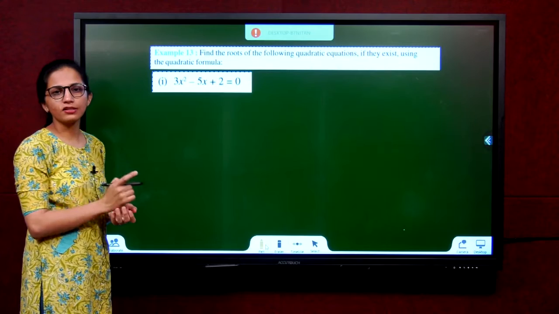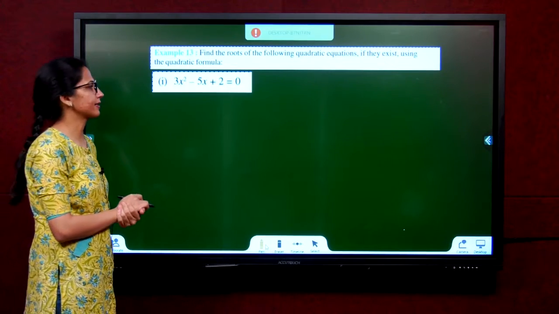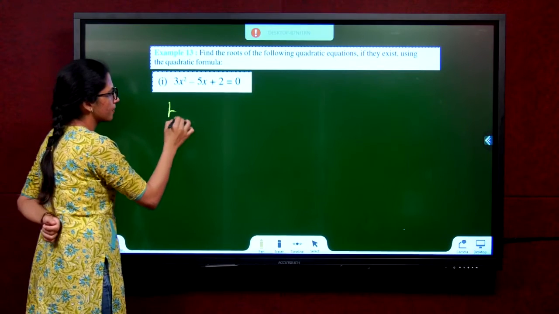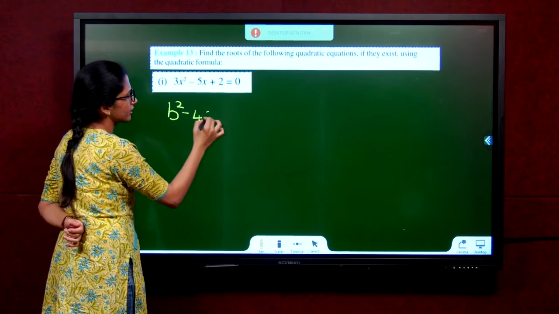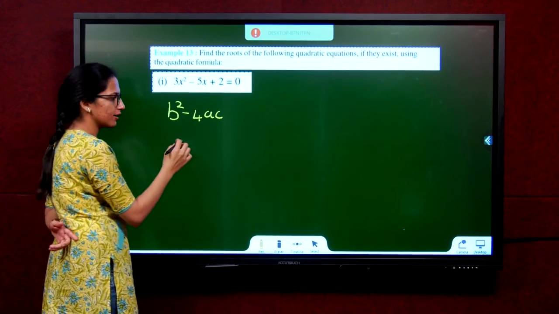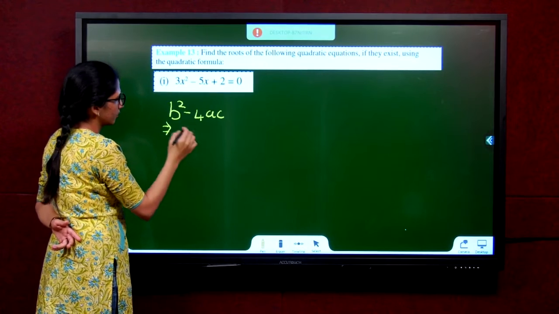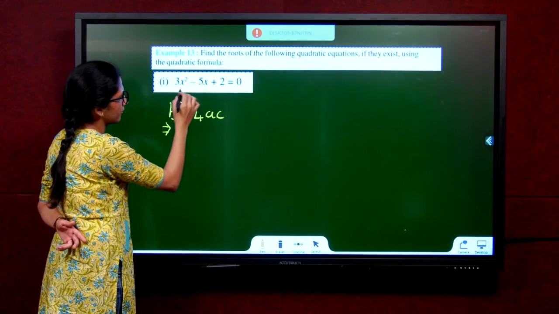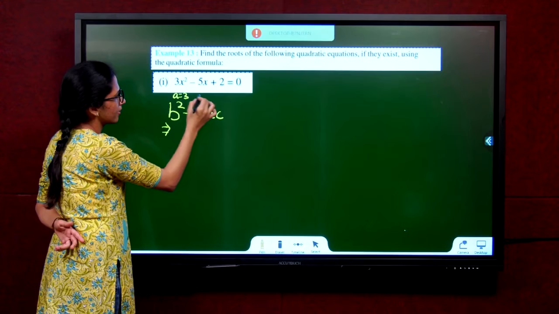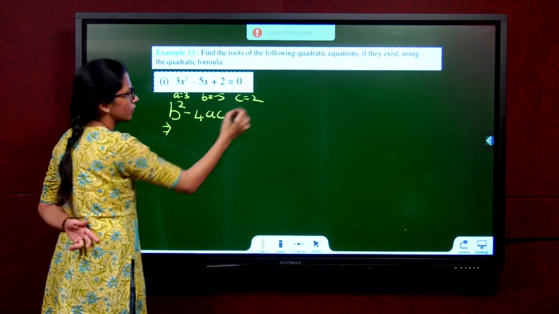If b² − 4ac is greater than or equal to 0, roots exist. So consider b² − 4ac. What is b² − 4ac here? A is 3, b is −5, c is 2.